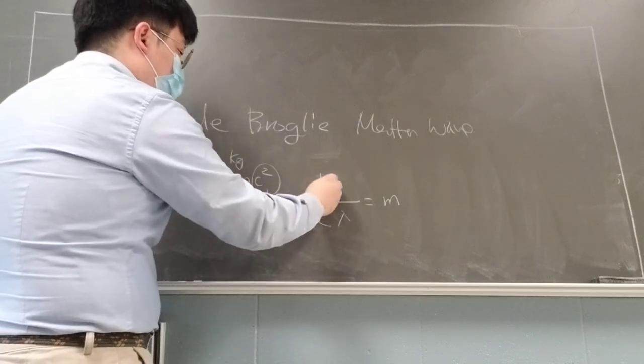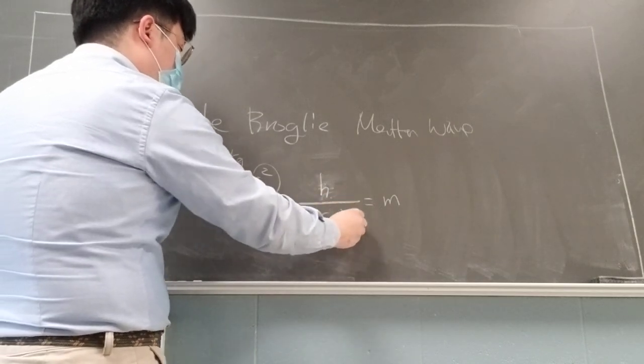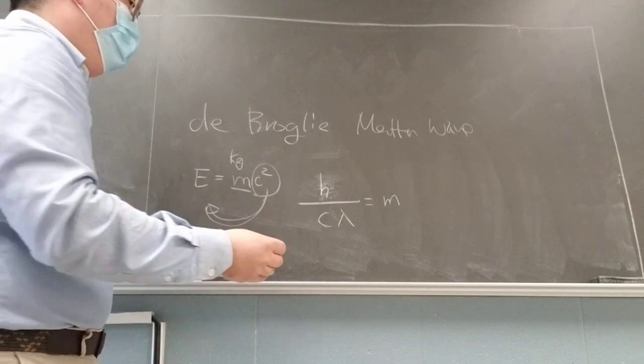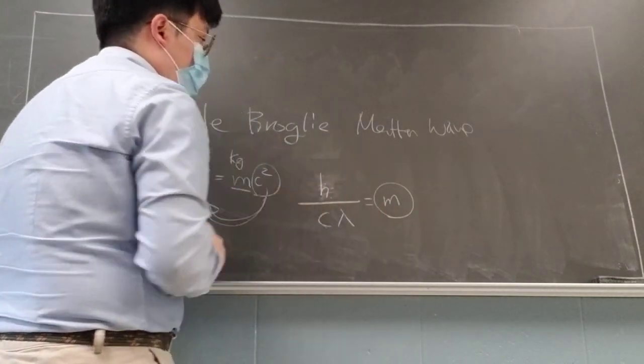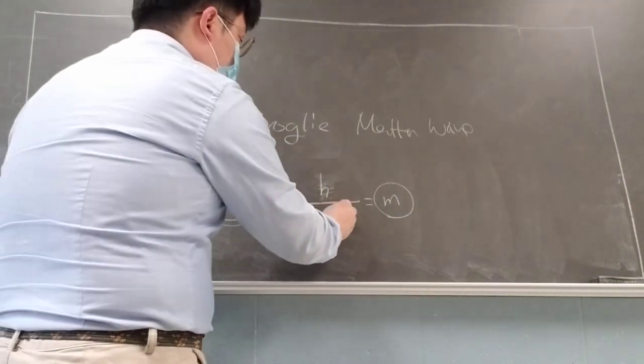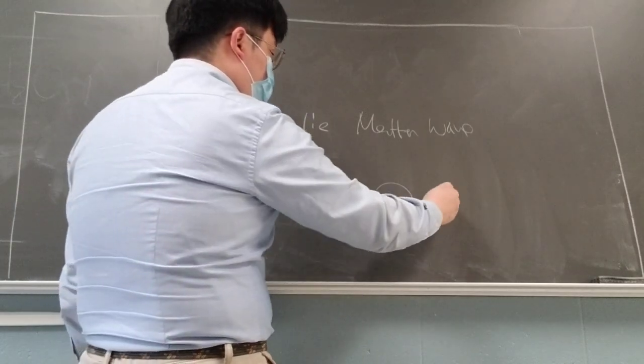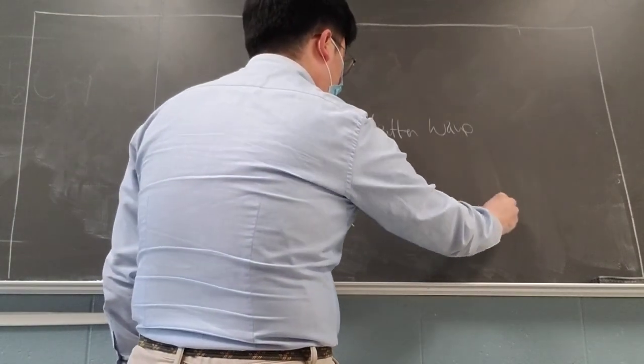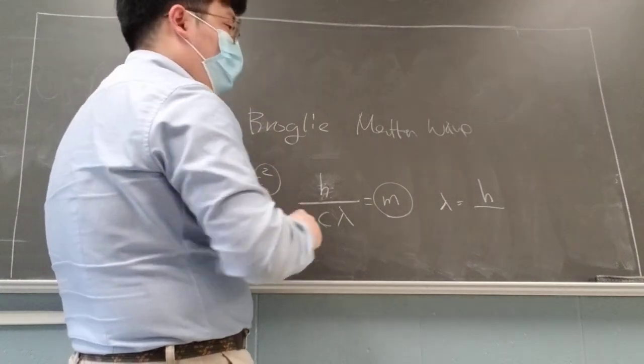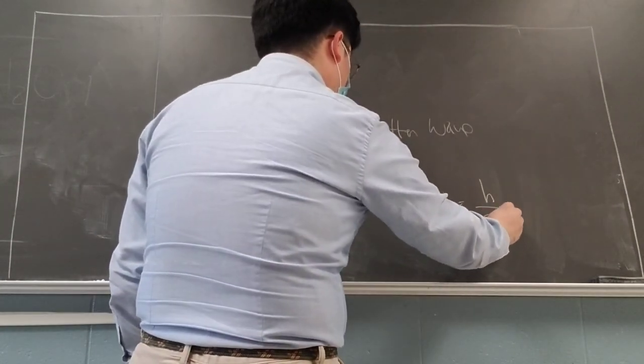So the Planck constant over speed of light times its wavelength shows the mass over here. So if you do that, you can switch it. So the wavelength can be determined by the Planck constant over c times m.